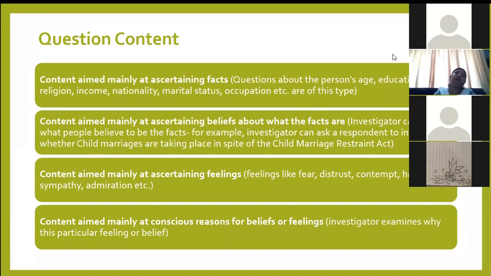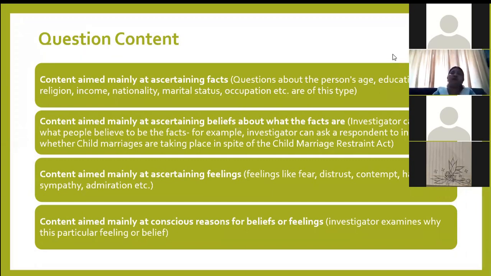Then another is content aimed mainly at ascertaining feelings like fear, contempt, hate, envy, or sympathy. So the researcher may be trying to understand the feelings or attitudes of the respondent. Then content aimed mainly at conscious reasons for beliefs and feelings.